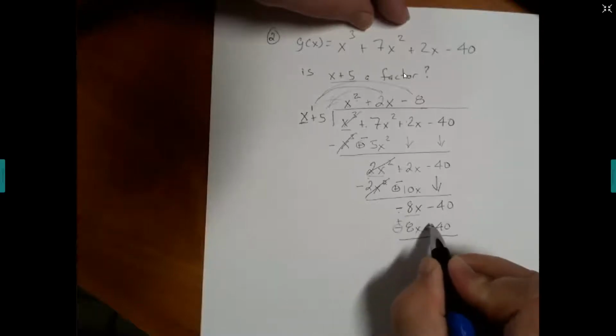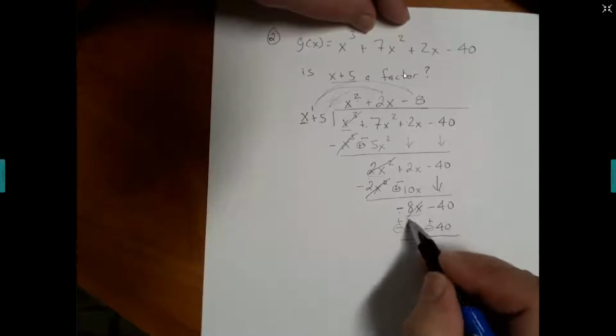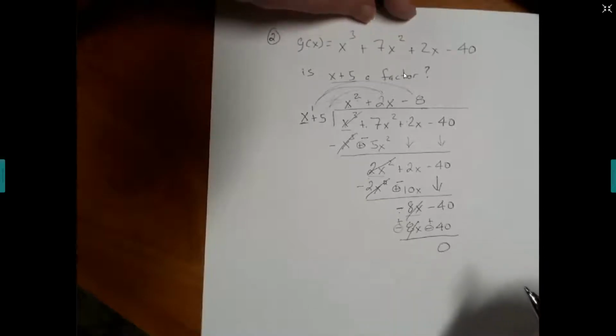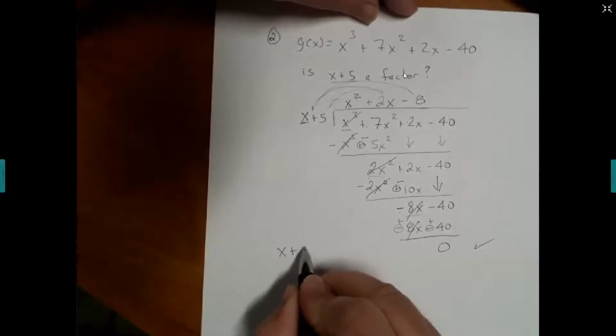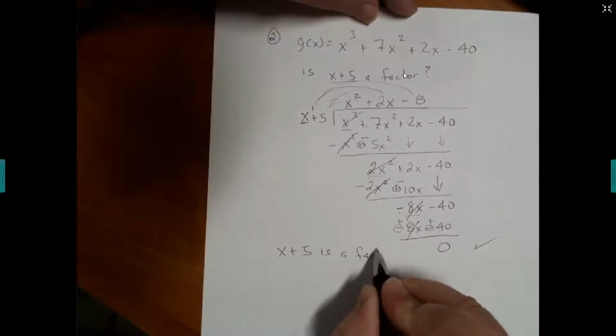Change the signs. Because remember, the leading term has to disappear. So negative 8 plus 8, they cancel. Negative 40 plus 40 is 0. That's what we're hoping for. So that tells us that x plus 5 is a factor.